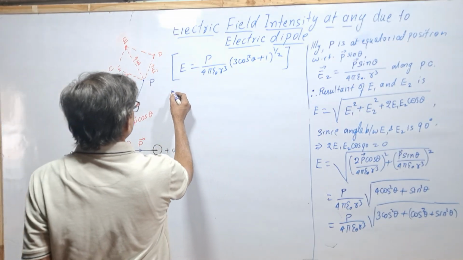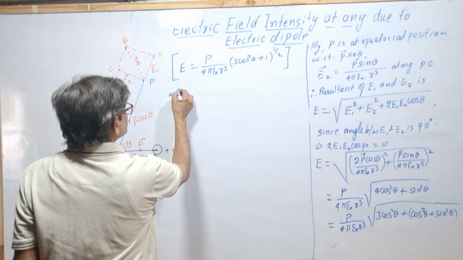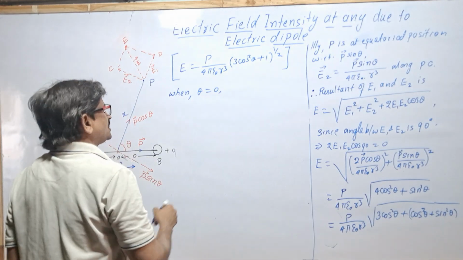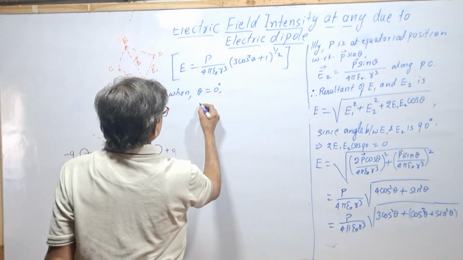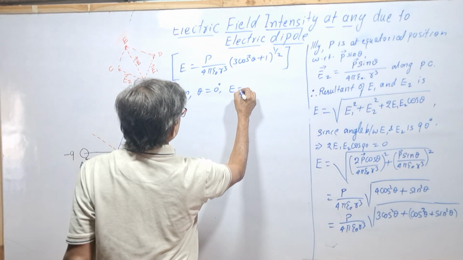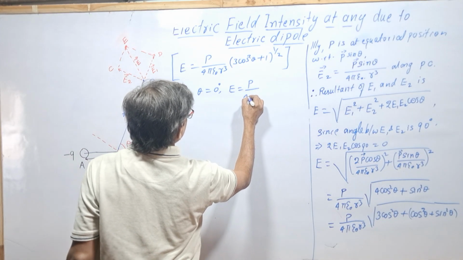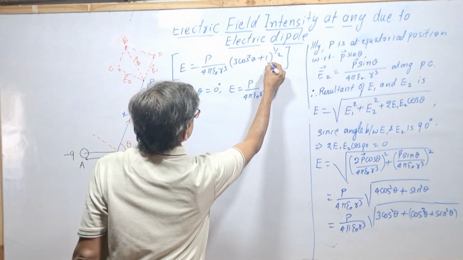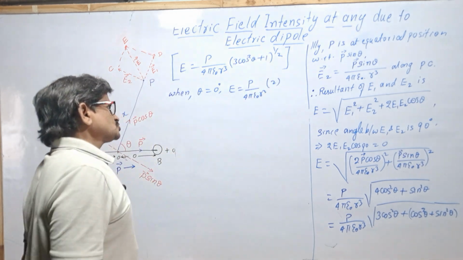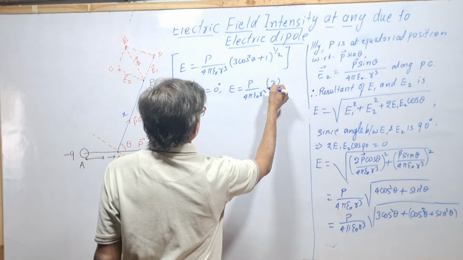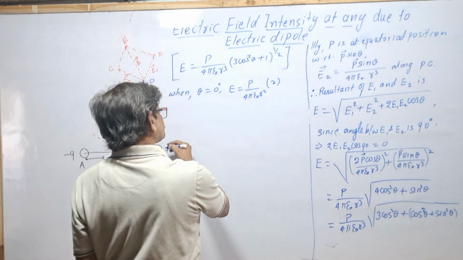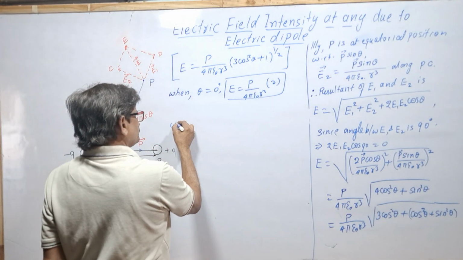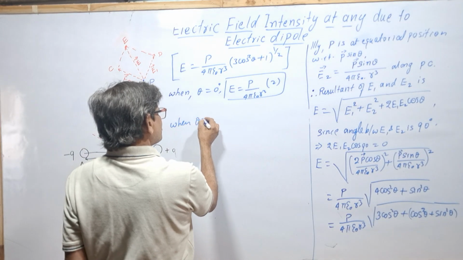So E equals P divided by 4 pi epsilon naught r cube times 2, that is 2P divided by 4 pi epsilon naught r cube. Here E1 and E2 are along the same line.